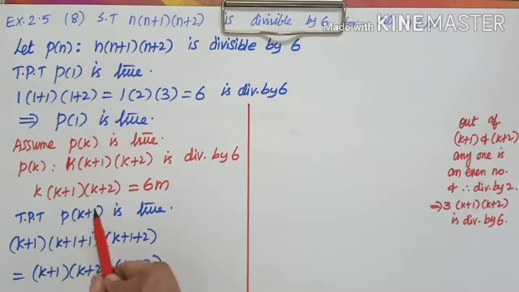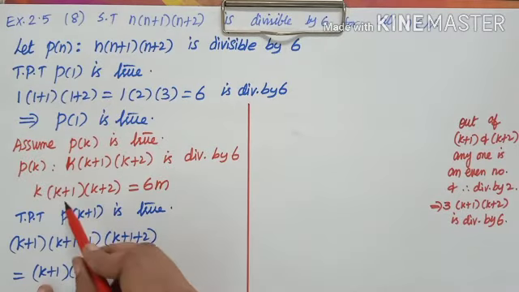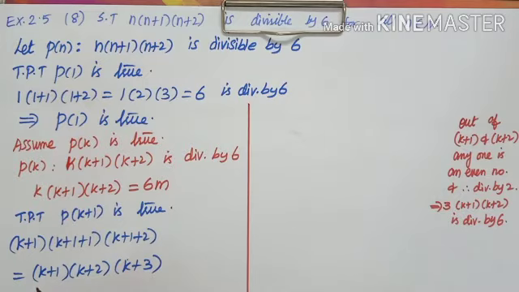When we want k plus 1, k becomes k plus 1, k plus 1 plus 1, k plus 1 plus 2. Or we write k plus 1, k plus 2, k plus 3. Now multiply. These two are already here. k plus 1, k plus 2 are already here. So these two I can have together.